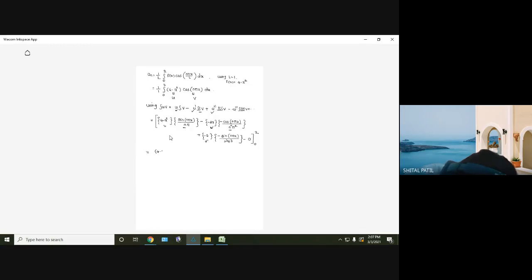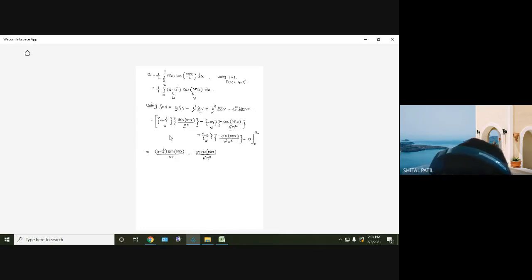4 minus x square, sine of n pi x divided by n pi. First term. Second term, minus sign here, minus sign here, minus sign here, 3 times. Therefore it is minus 2x cos of n pi x divided by n square pi square.